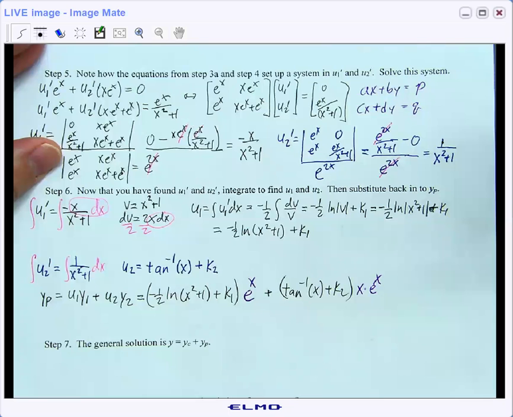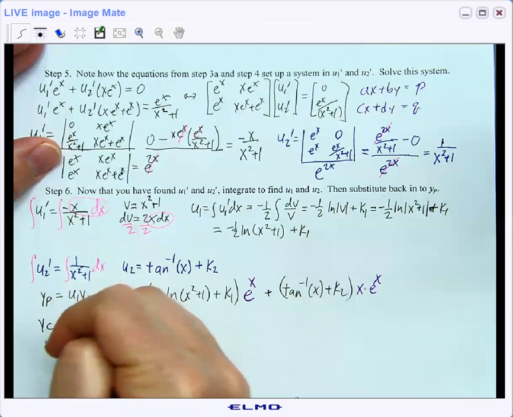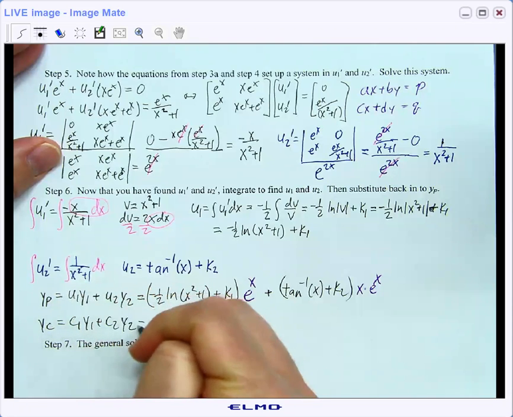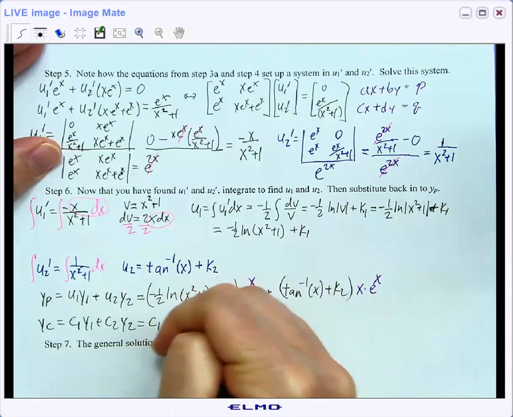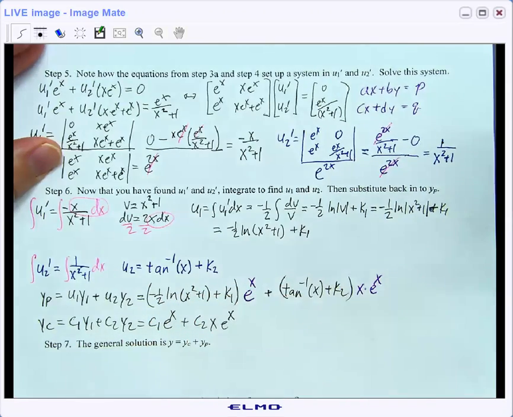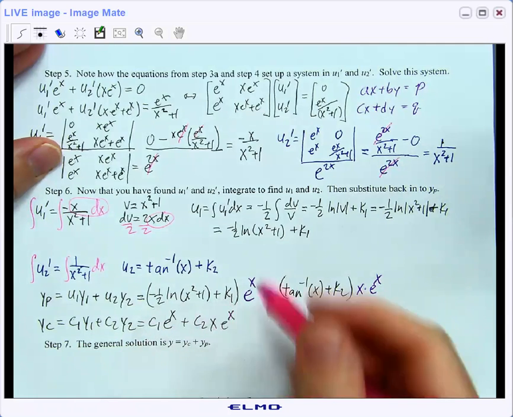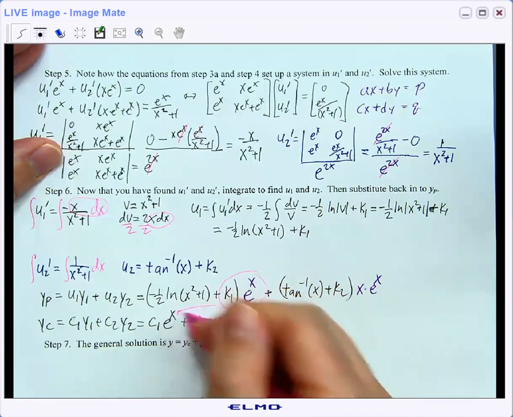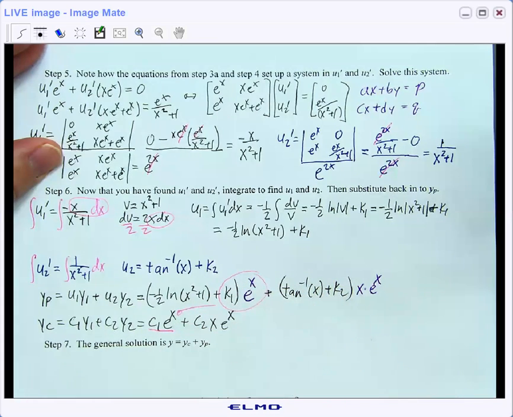Okay. And recall also that y sub c was c1 y1 plus c2 y2, or in other words, c1 e to the x plus c2 x e to the x. And notice that if I multiply this together, I get k1 e to the x, but that will be swallowed up in the c1 e to the x.